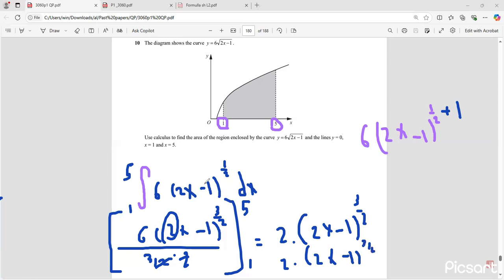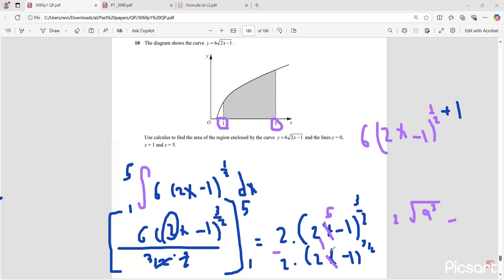And then we're going to substitute x, 5 at the start and 1 for the lower limit, and we're going to subtract. So 2 times 5, which is 10, minus 1, which is 9, all to the power 3 out of 2, multiplied by 2, minus 2 multiplied by 1, which is 2 minus 1.